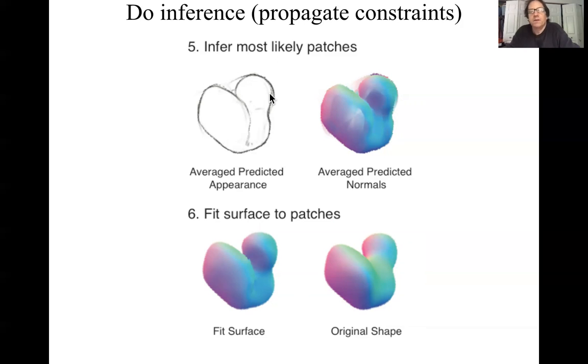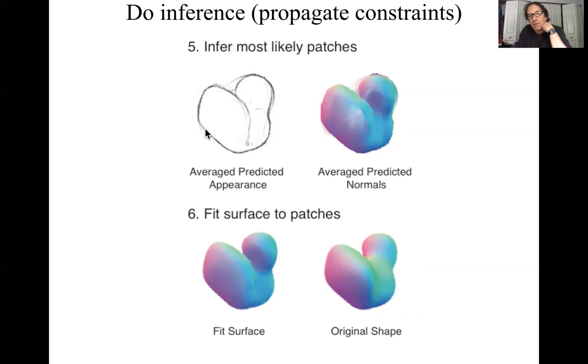In other words, we represented the shape as a set of overlapping patches at different spatial scales, each with a shape and occlusion boundary interpretation locally. And here we're rendering that shape collage as an average of the different interpretations of each patch.